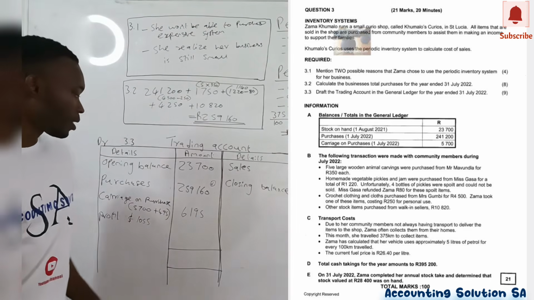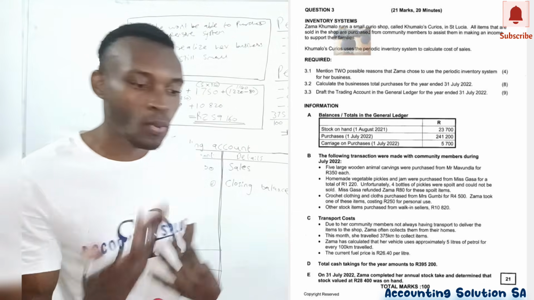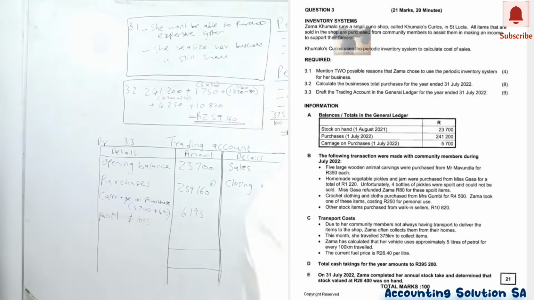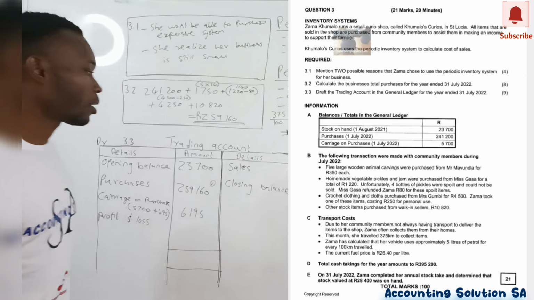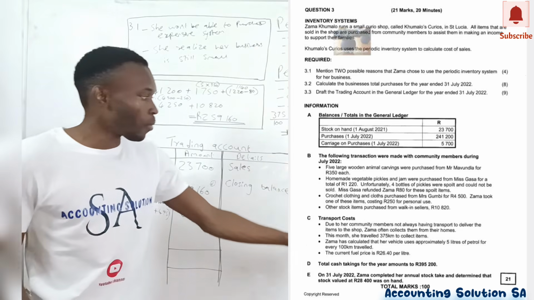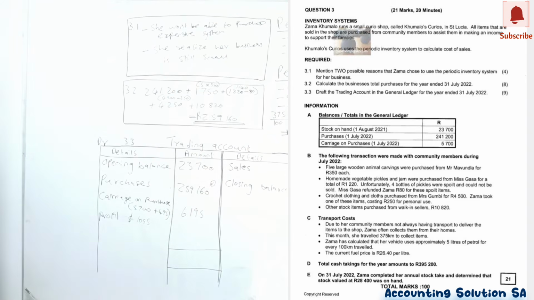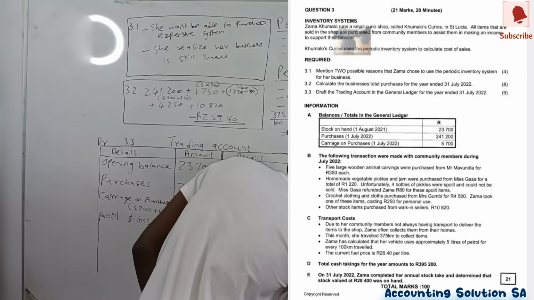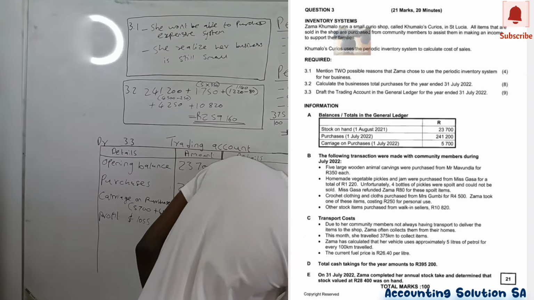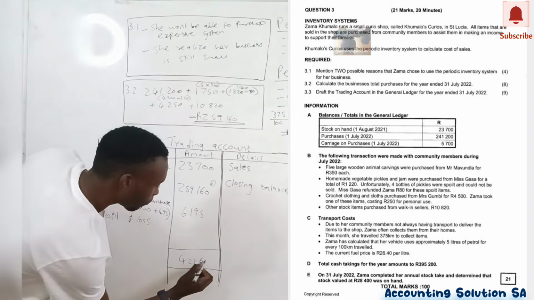Okay, after that, now we're left with profit or loss. It simply means that we are going to get it as a balancing figure. How do we get a balancing figure? It's very simple. We check which side is higher. The higher side, of course, is the credit side. We are going to add 395,200 plus 28,400, which is going to give us an amount of 423,600. Even this side, 423,600.